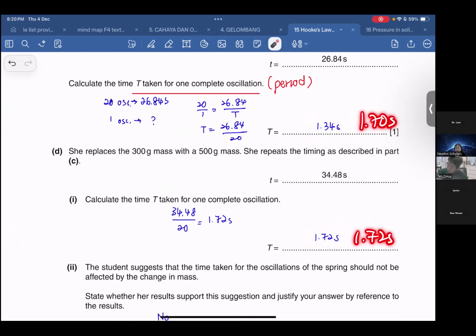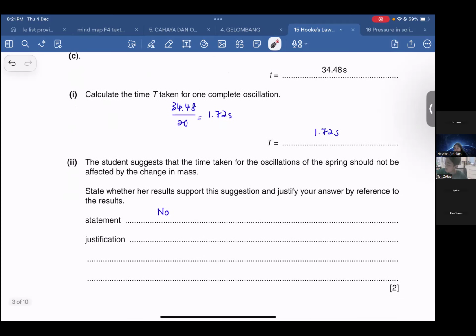Whether this result supports the suggestion or not, our answer will be yes, because the results are quite close to each other. But now 1.34 and 1.72, their difference is more than 10%. It's too big already. So we must say that no, it does not support. So that means that this statement is wrong.